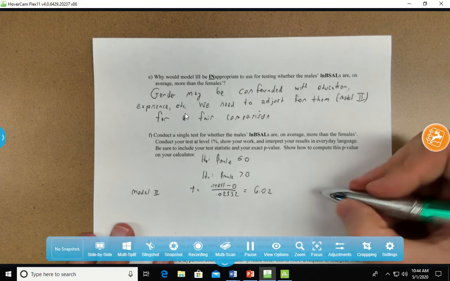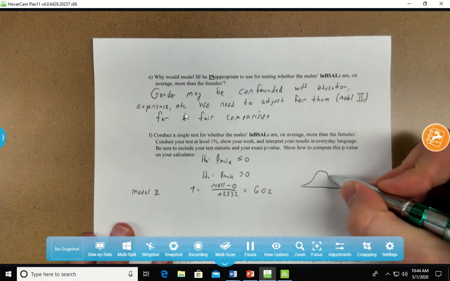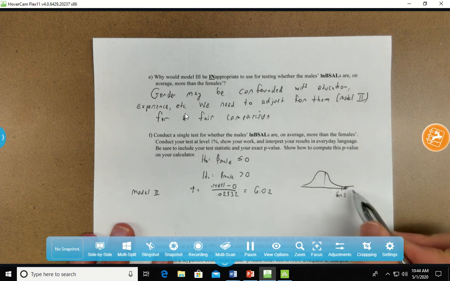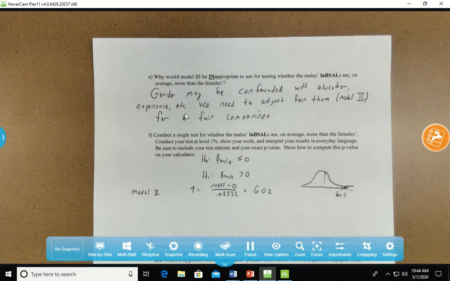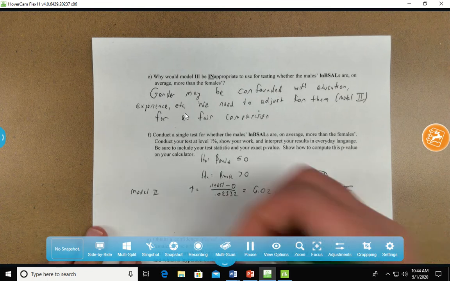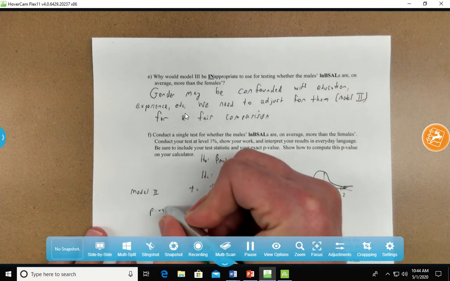So if we draw the picture to give us an idea, 6.02 is way out here, so our p-value is small. Now, we can't use the p-value in Minitab because it only gives the two-sided one. So let's go ahead and calculate the p-value.